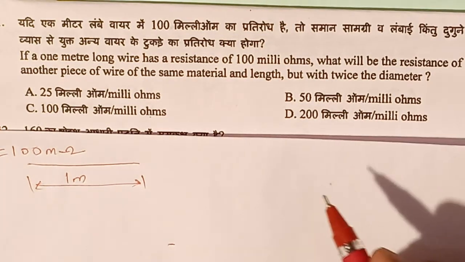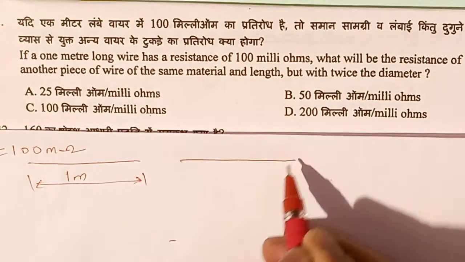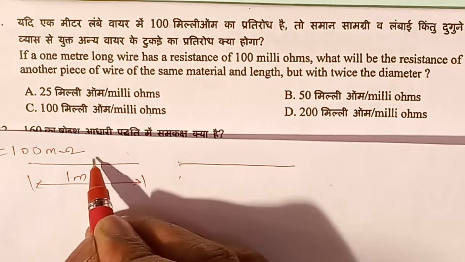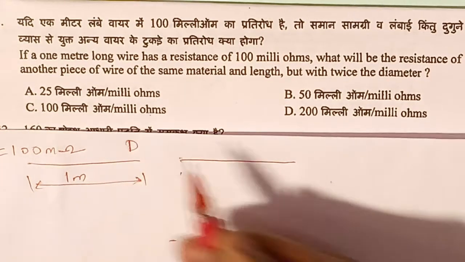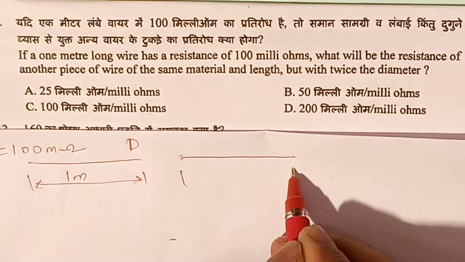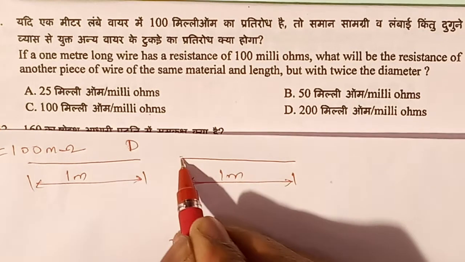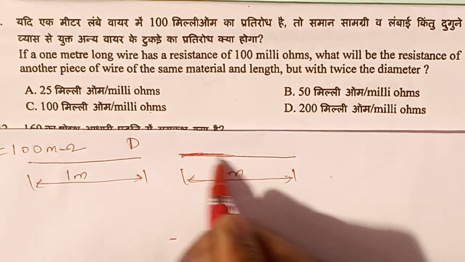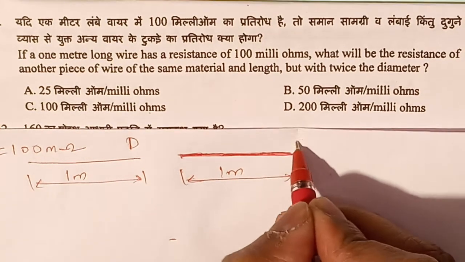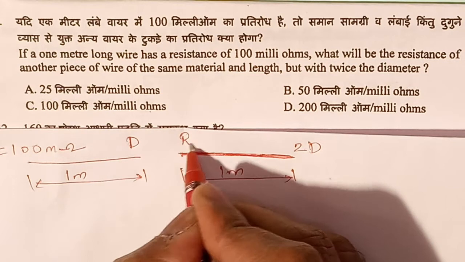And we have one more similar wire, but the diameter differs. For the first wire, the diameter is D. We have one more wire whose length is the same, 1 meter, and diameter is double that of the first one, so the diameter is 2D. What is the resistance? That is what we have to find.